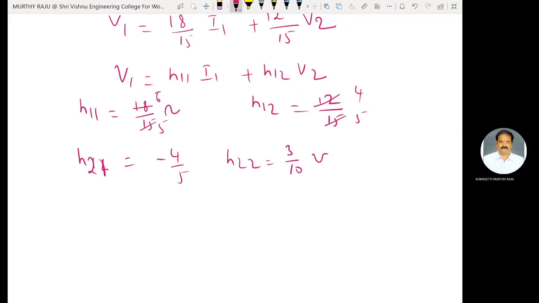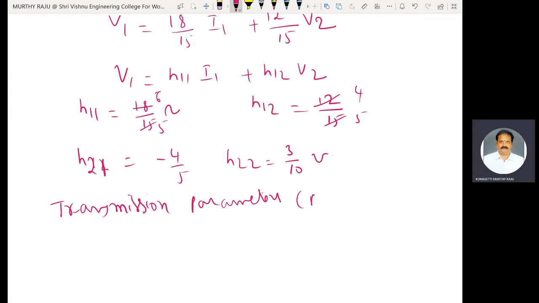Now I will concentrate on transmission parameters. The fourth one is transmission parameters, ABCD parameters.